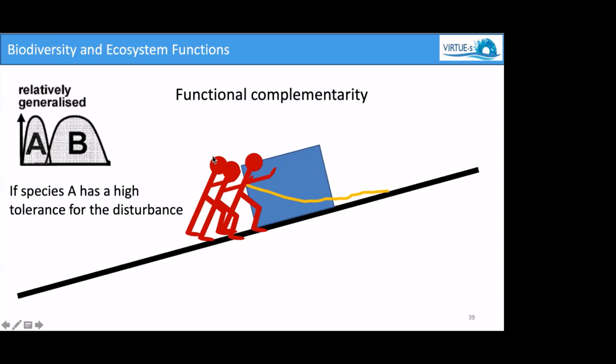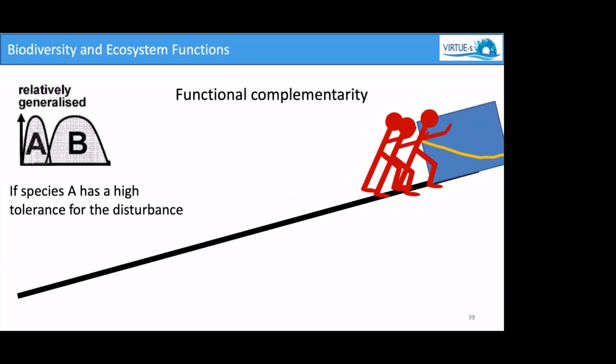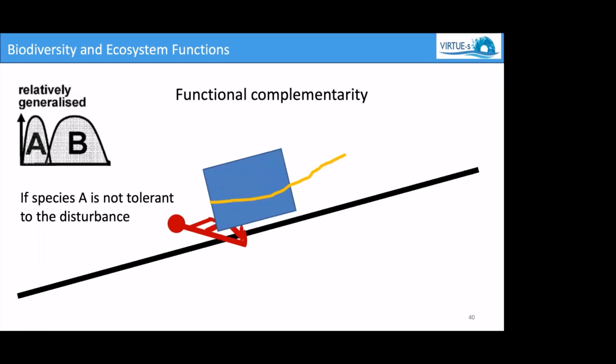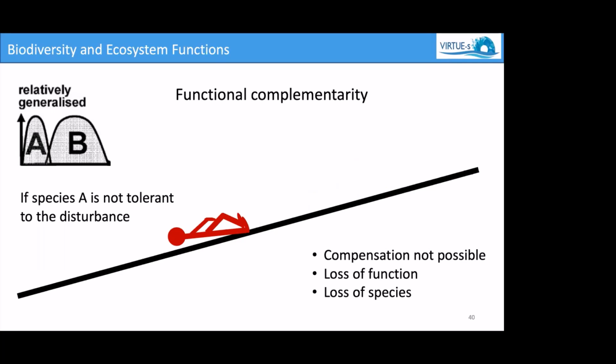The species can multiply faster so that the function would still be maintained. However, if species A is not tolerant to the disturbance, it may also perish, and there is no compensation possible. There is a loss of function and the loss of species.